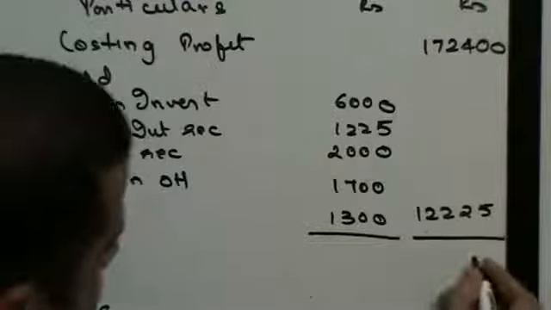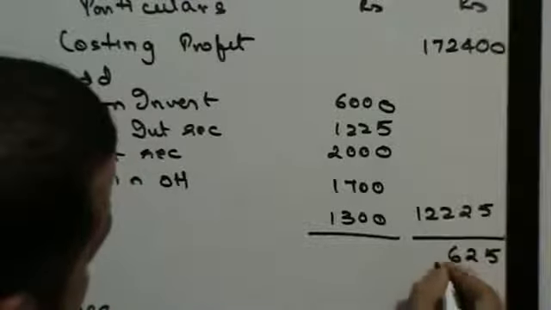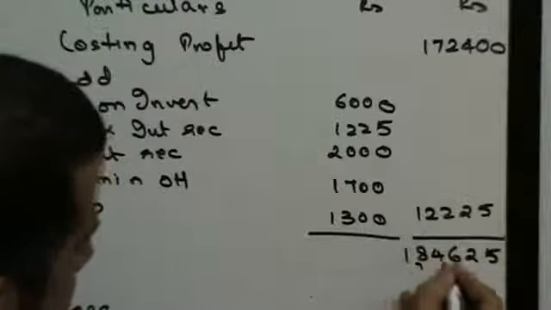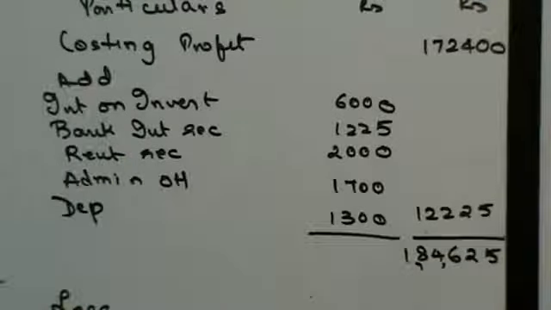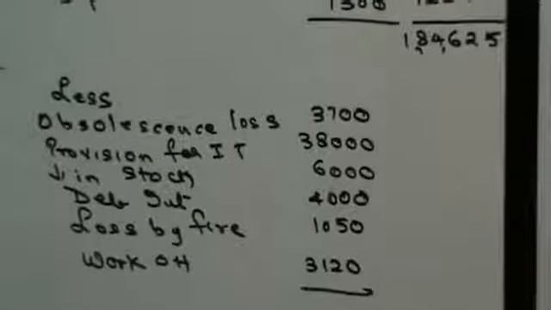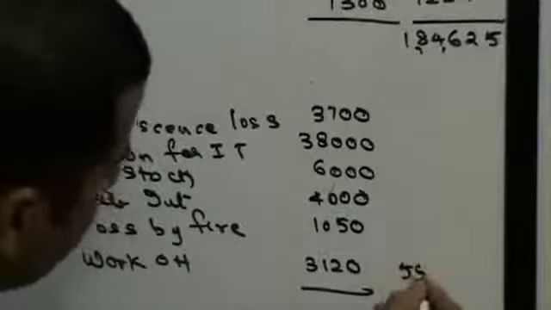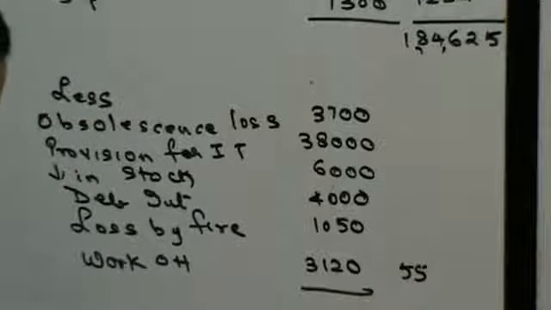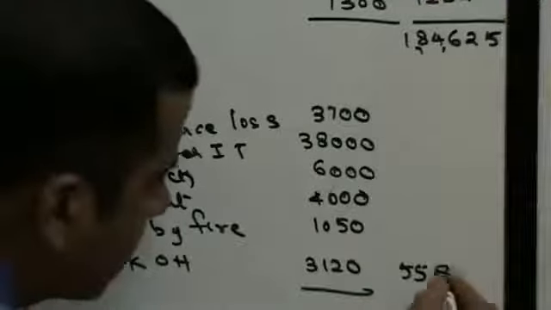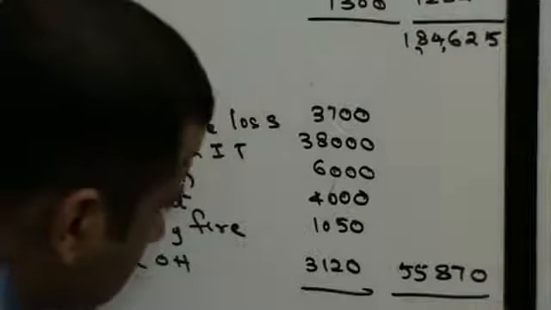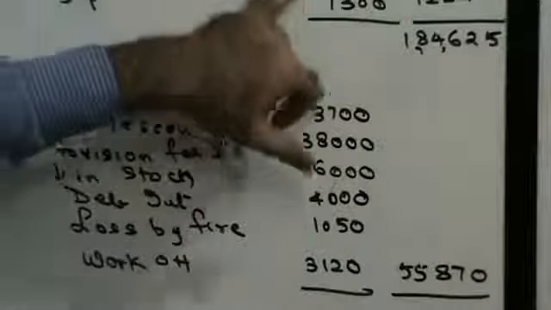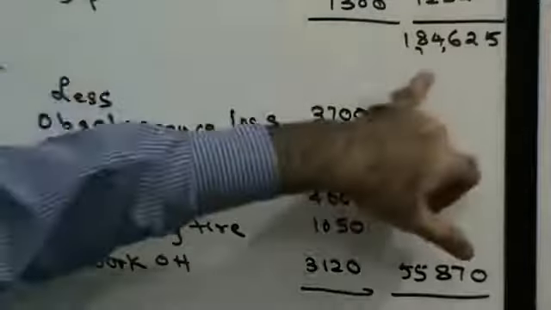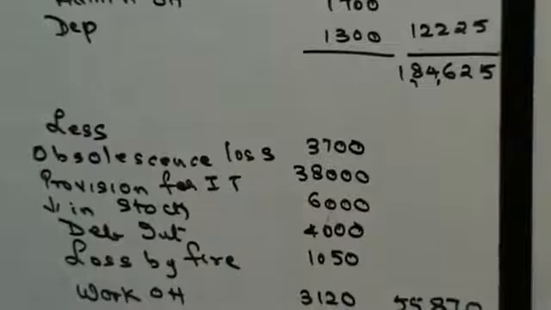Someone please cross check. 1,84,625. The total on the other side comes to 55,870. This addition is right. This addition is also right. Someone check this addition out, guys.